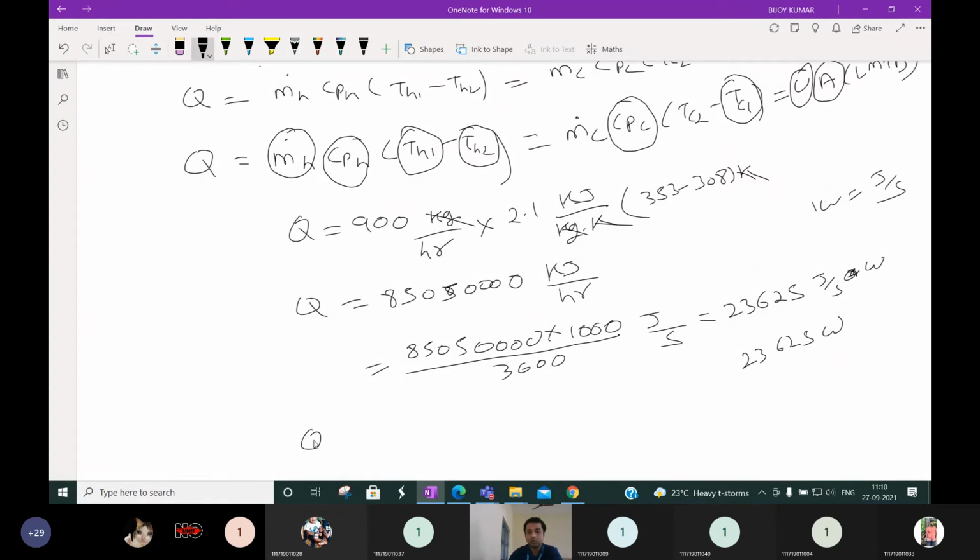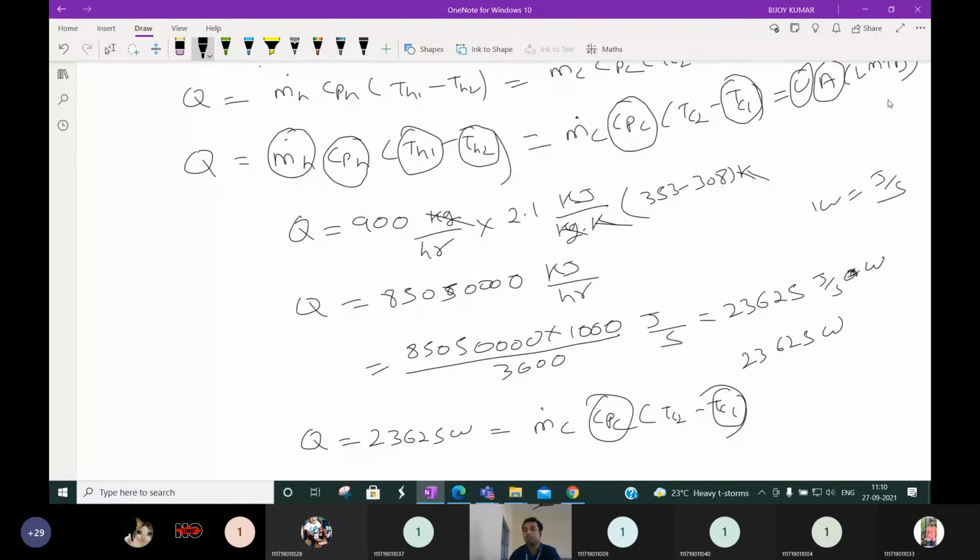So now we can say Q is equal to, or 23625 watt is equal to m dot c Cpc (Tc2 minus Tc1). Cp and these things we know. To calculate m dot c, we must know the value of Tc2. So how to calculate this Tc2?